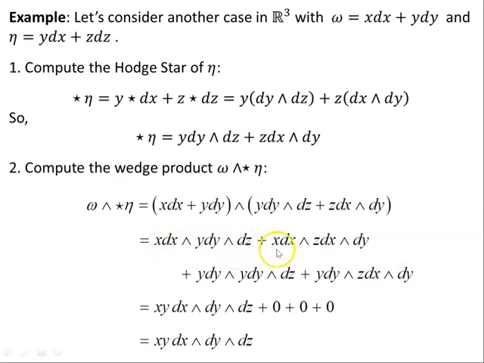Writing them all out, dx wedge dx is going to be 0. Dy wedge dy will be 0. Dy wedge dy will also be 0. So the second, third, and fourth terms are 0. The only one that's non-zero is the first one. Taking out the scalars, x and y, out front, we're left with xy dx wedge dy wedge dz.